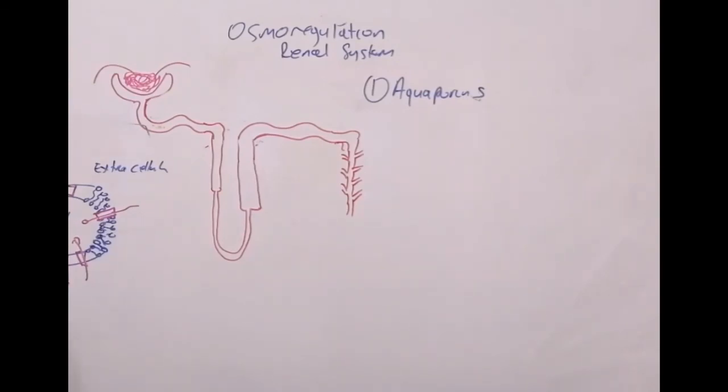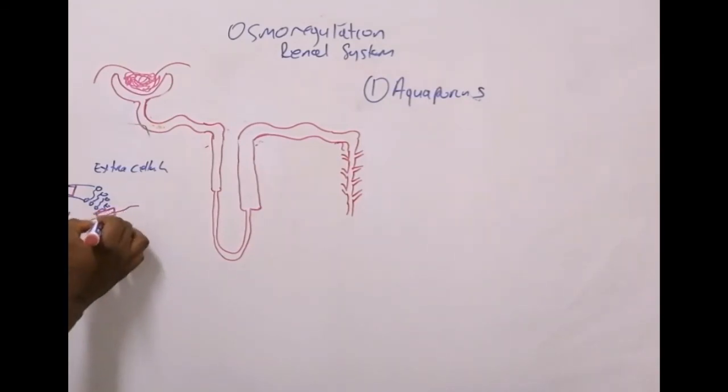Now there are many different channels, and they carry different things. One channel can transport about three substances, and there are those that focus on only one thing. The channels that make it possible for water to move are called aquaporins.